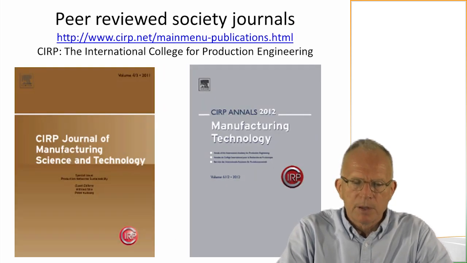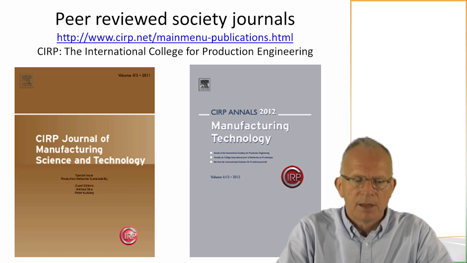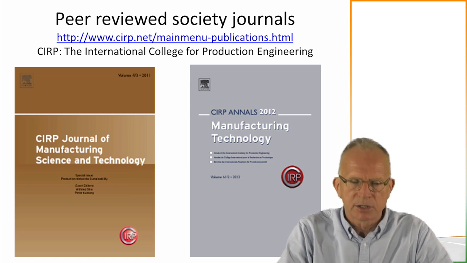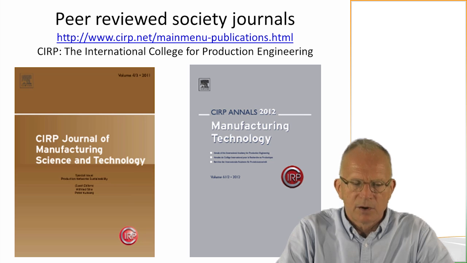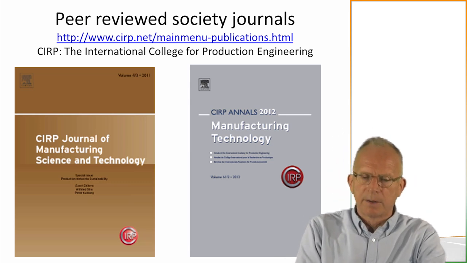Here's some that will be more useful in this class, perhaps. This CIRP is the International College for Production Engineering, and they have their own engineering journal of Manufacturing Science and Technology, as well as their Annals, which are a collection of papers that were presented at their annual meeting every year.